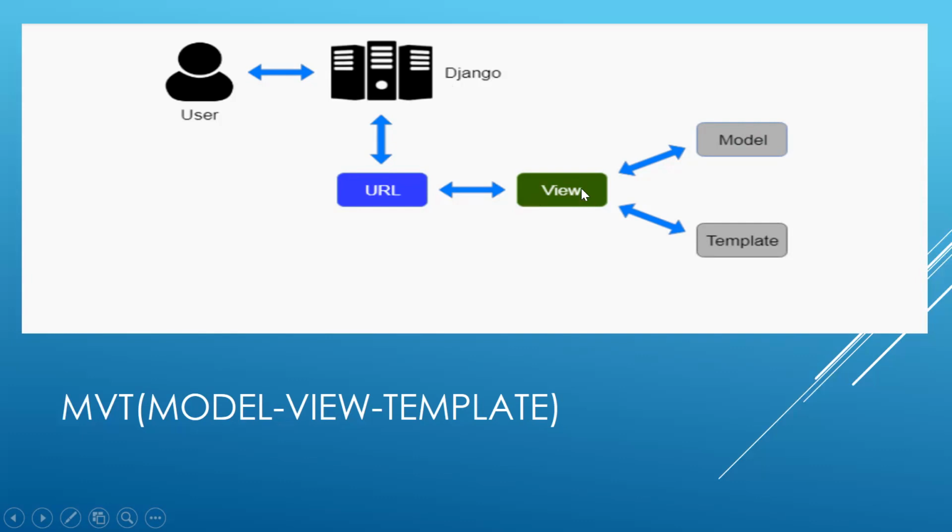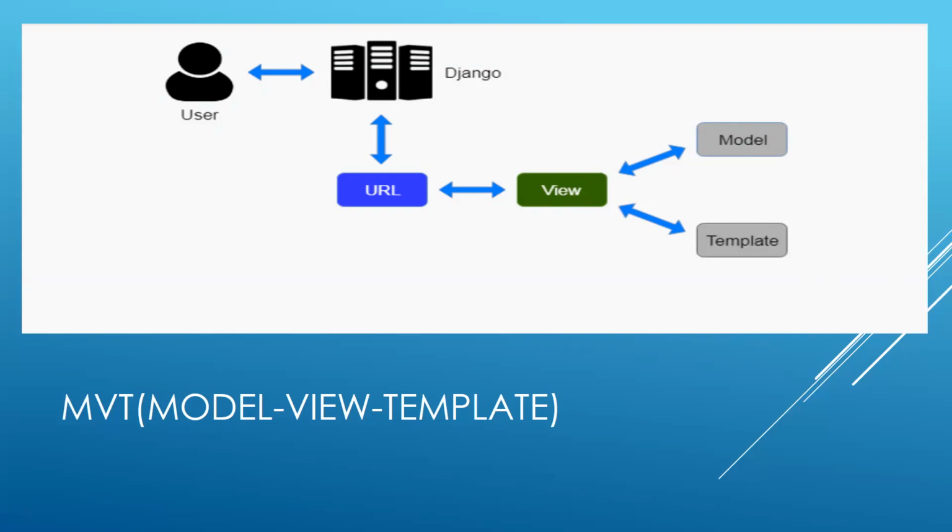All right. And the view handles the request and processes related logic, and it interacts with the model to access and update data. Okay. The view prepares the data and passes it to the template. And the template uses the data from the view.